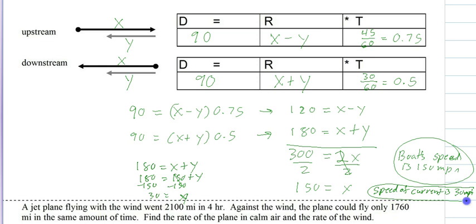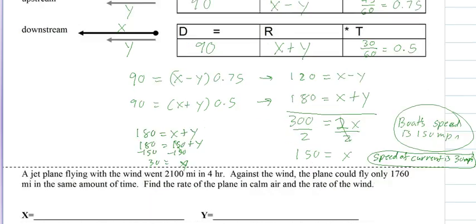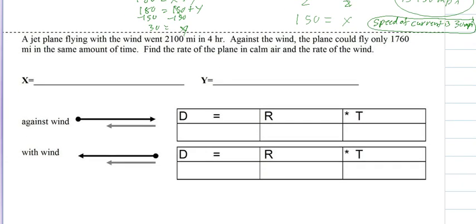And that's it. So that gives us an effective rate of 180 miles per hour for the boat going with the current downstream, and then going against the current would be 120 miles per hour. See? All right, let's try one more, and then I'll give you one to try.